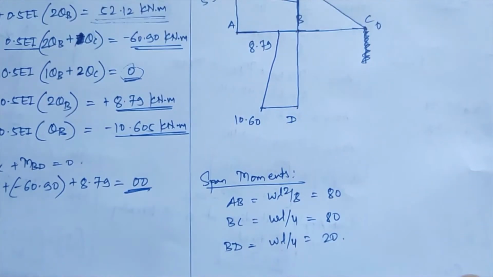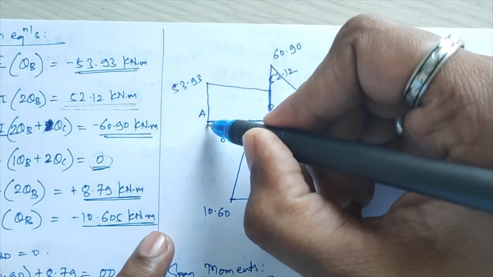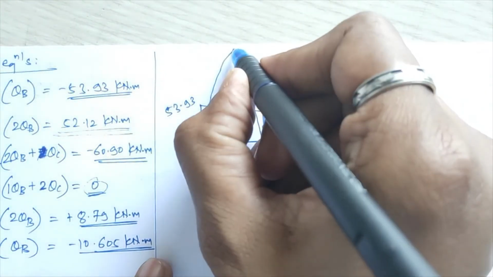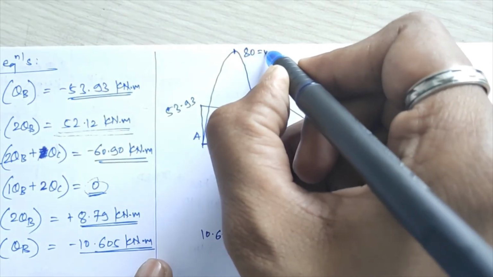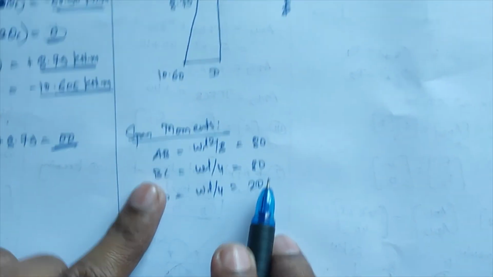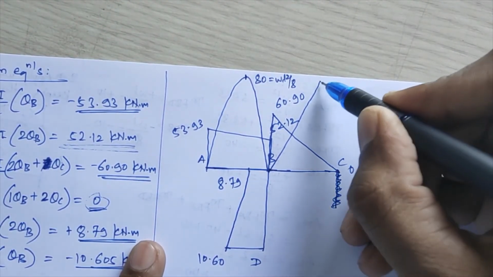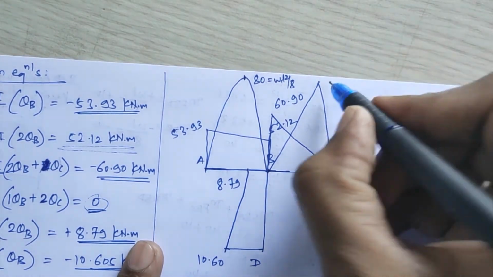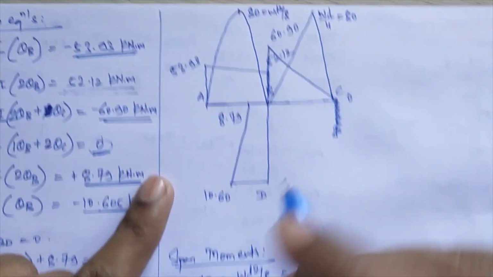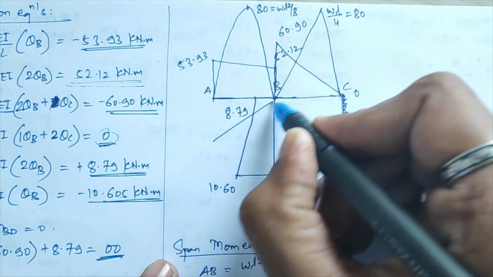Okay, so I'll plot this 80, that will follow a parabolic path, so 80 will be greater than this 60, in this way. 80, that is your WL square by 8. Same way for BC also I am getting 80, again maximum at the center, WL by 4, that is equal to 80. And the last, for BD I am getting 20.